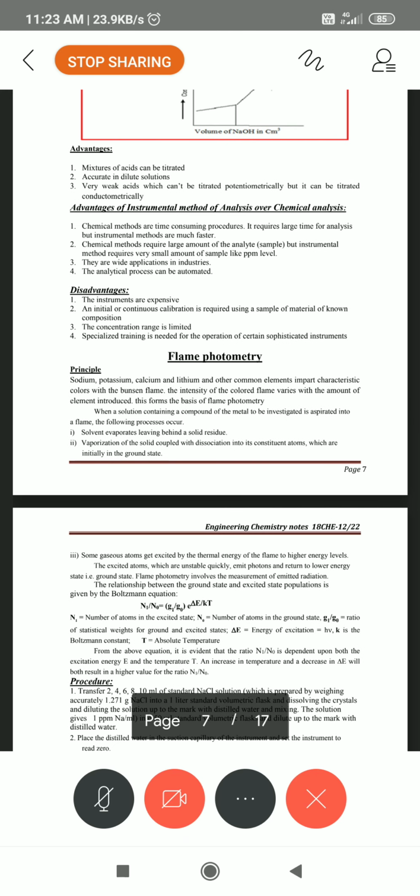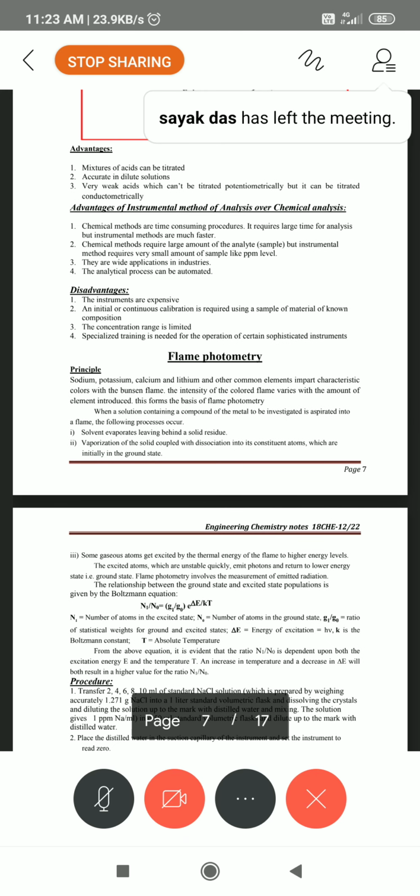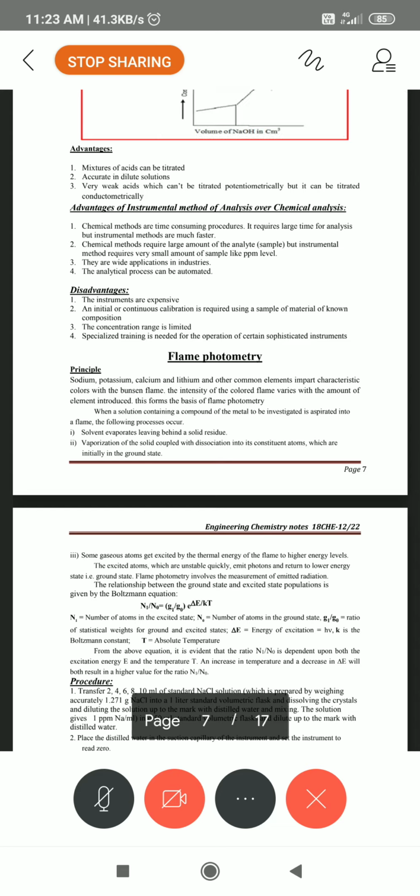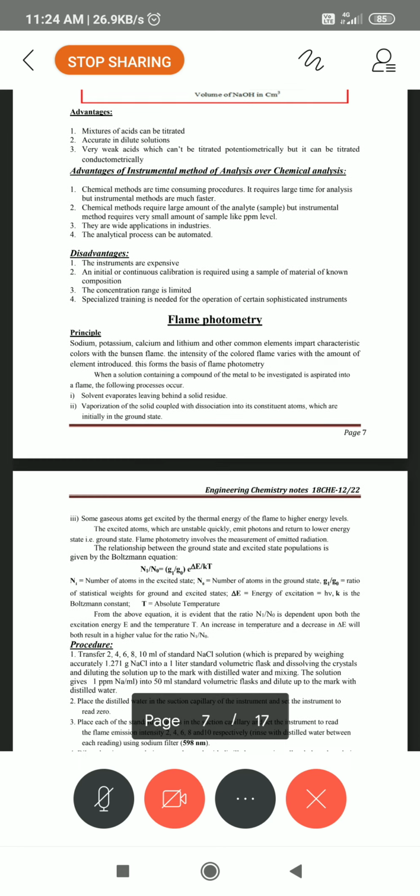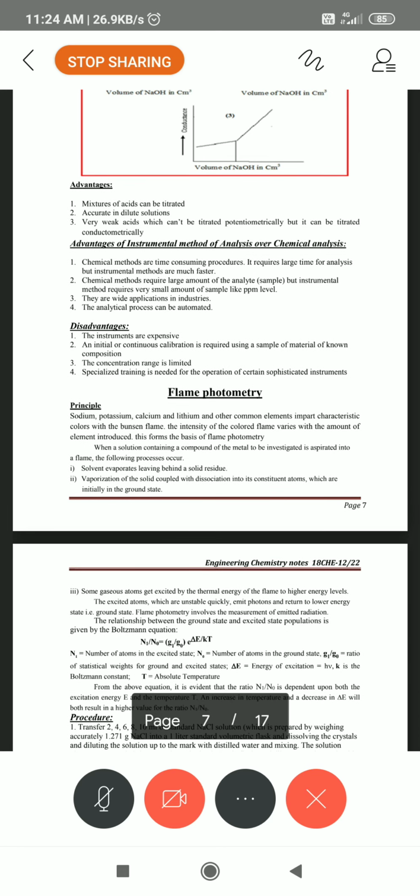Already, as you understand from colorimetry, we have taken 4, 5, 6 or 7 volumetric flasks of 50 ml. In the lab you can see 250 ml ones as well; you will come and see, or we will show it at the time of explanation in the lab.